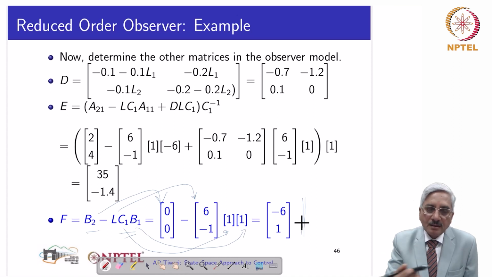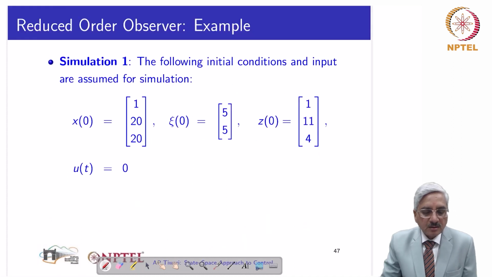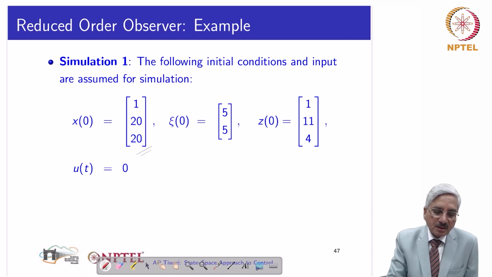So we got L, we got D, we got E, we got F, and that means we got all the various matrices in the reduced order observer equation. Now we are going to see how the observer response is. So we select the equilibrium of the system as the initial condition.